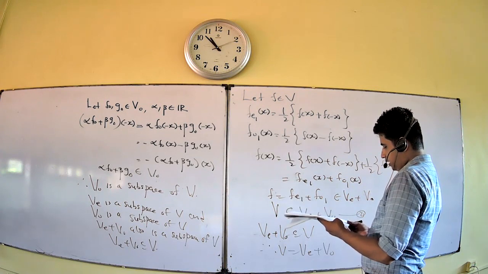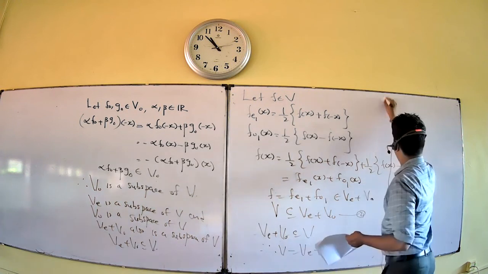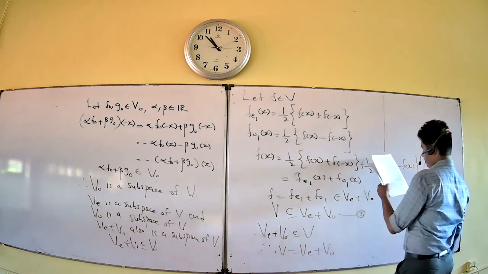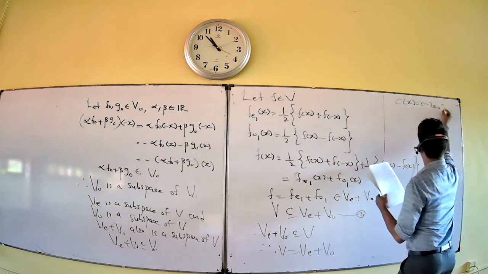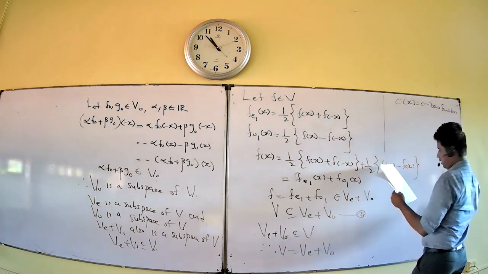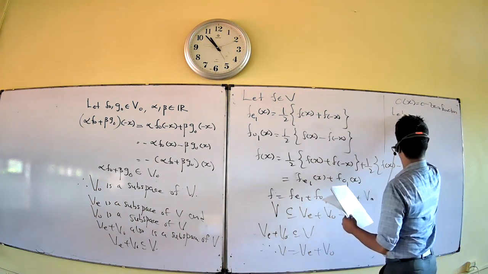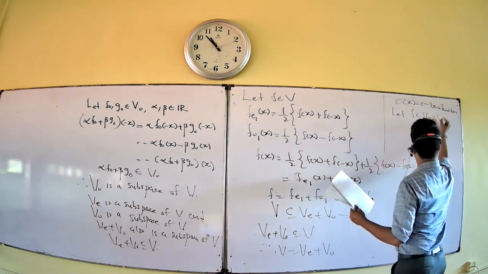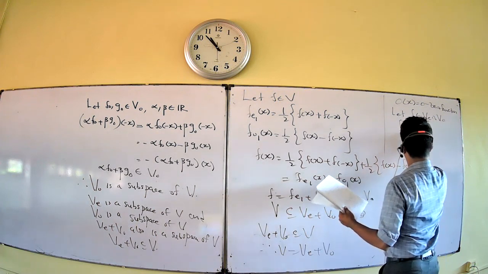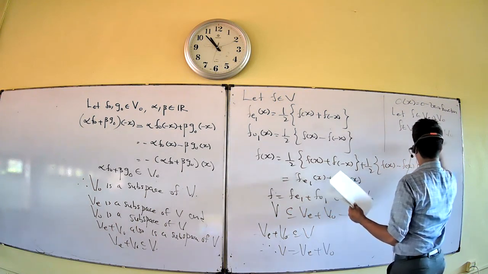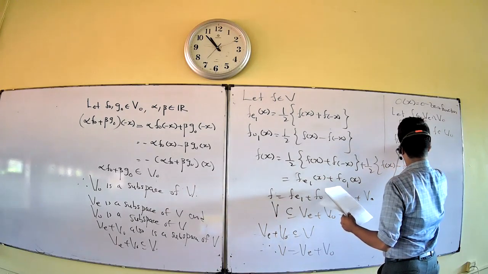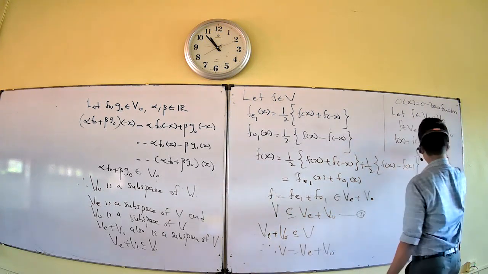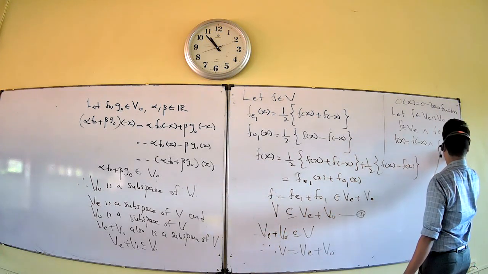Next, you want to show that V_E intersection V_0 is the singleton zero. So for that, you take the zero function. 0 of x equals 0. It is the zero function. Let f belong to V_E intersection V_0. So f belongs to V_E and f belongs to V_0. f belongs to V_E means you can write f of x equals f of minus x, and f belongs to V_0 means f of x equals minus f of minus x, odd function.